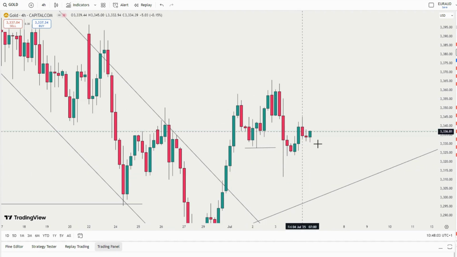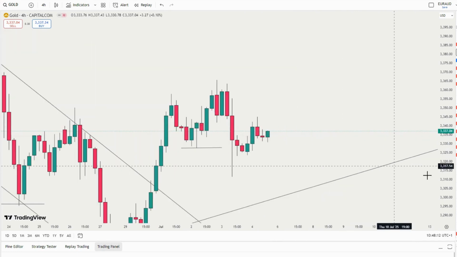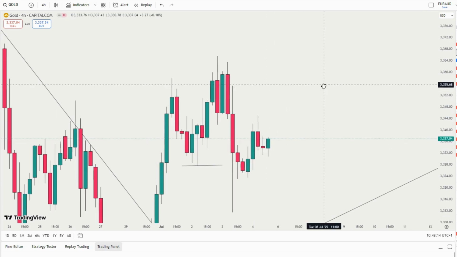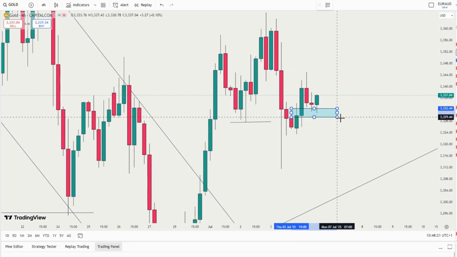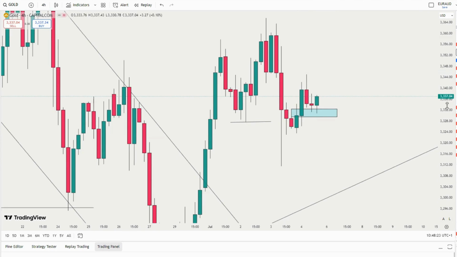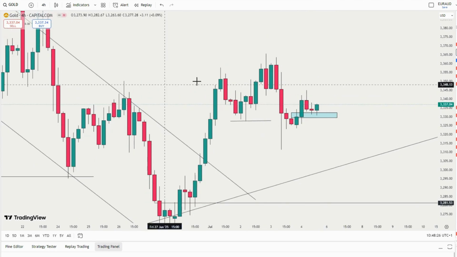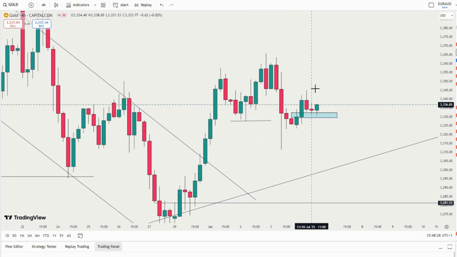The 4-hour candle closed with an indecision candle right here, which is a doji candle. An indecision candle means we might see the buy starting from this area on Monday, and the price will keep pushing and break this side.